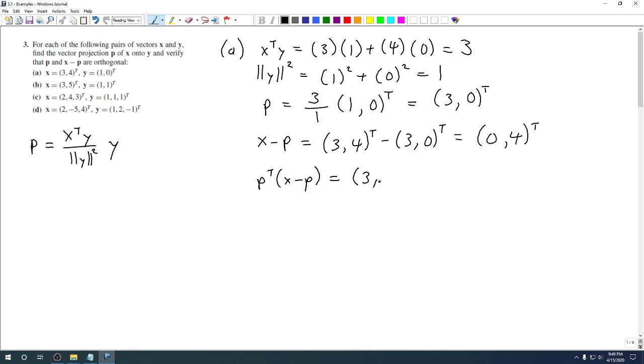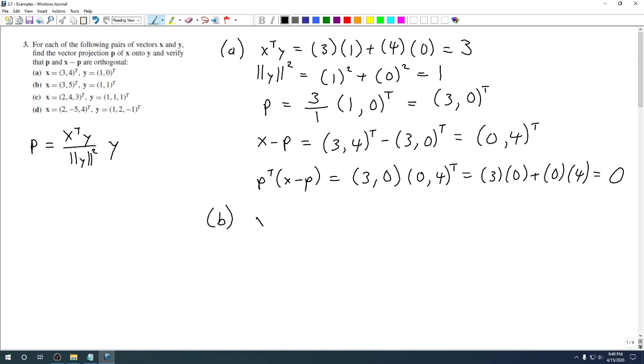So we're actually taking 3, 0 times the vector 0, 4 transpose. This is 3 times 0 plus 0 times 4. And everything gets multiplied by 0 anyways. So we do get 0. That means p and x minus p are orthogonal to each other. And of course, if we add those together, we get x, which is what we wanted to have happen.